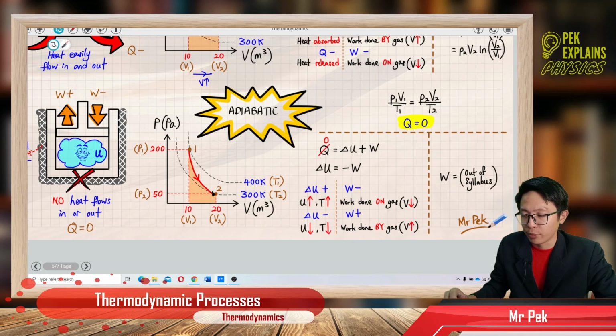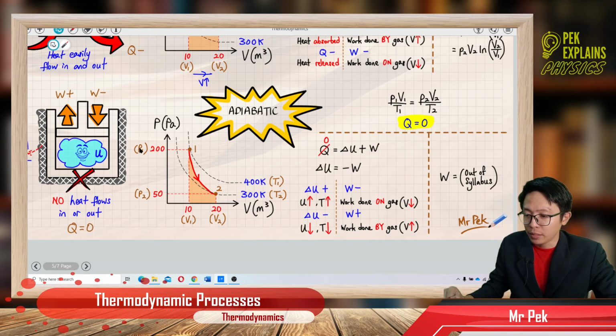Point 1 has pressure 1, 200 Pascal, volume 1, 10 meter cube, and temperature 1, 400 Kelvin. When it goes to point 2, it drops to a lower temperature, 300 Kelvin, T2. Point 2 has pressure 2, 50 Pascal, volume 2, 20 meter cube.